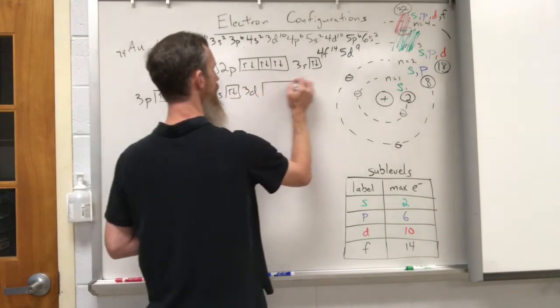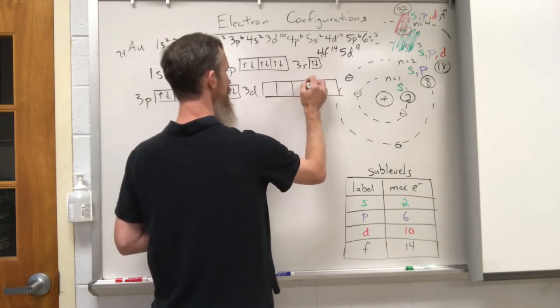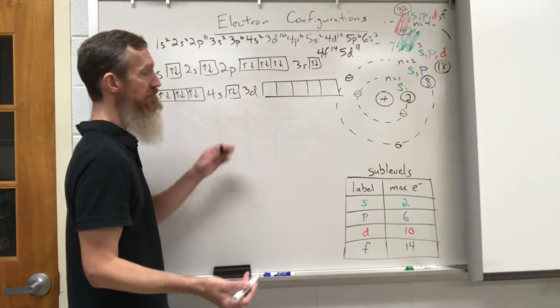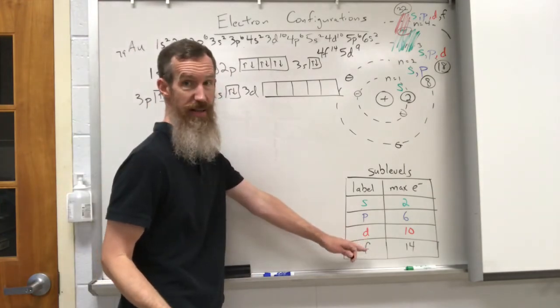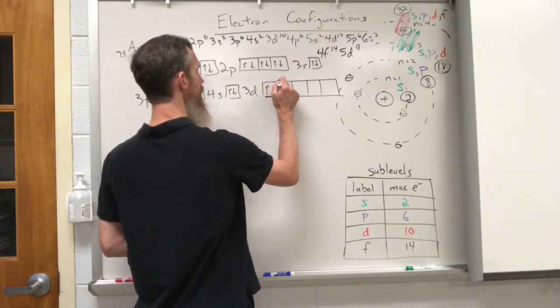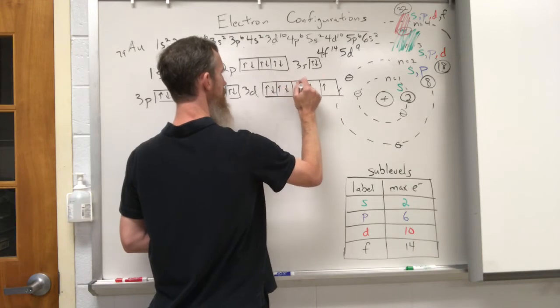3d can hold up to 10 electrons. That's 5 orbitals. 5 boxes, 5 lines. 10 total electrons. Divide that by 2. 5 pairs, 5 orbitals. Remember, all ups first, and downs.